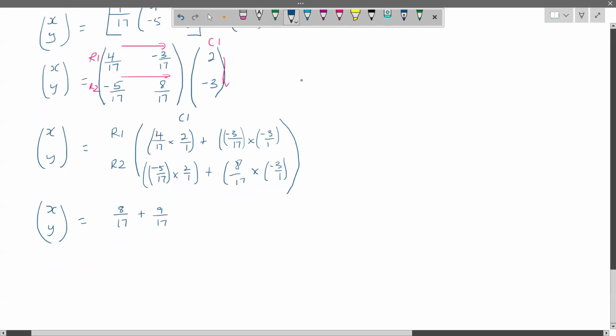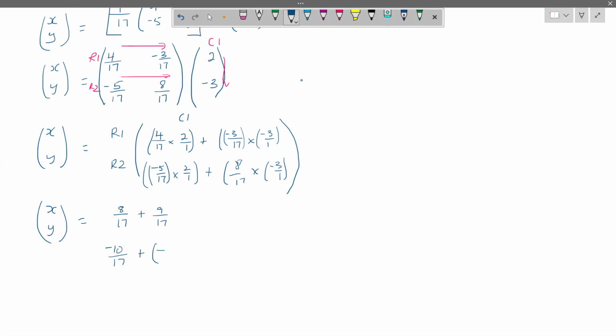Underneath, we have negative 5 by 2 to give me negative 10 over 17 plus negative by positive is a negative and 8 by 3 is 24 over 17. Right?